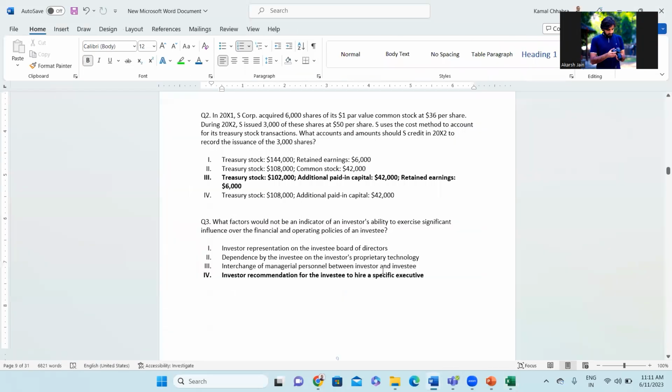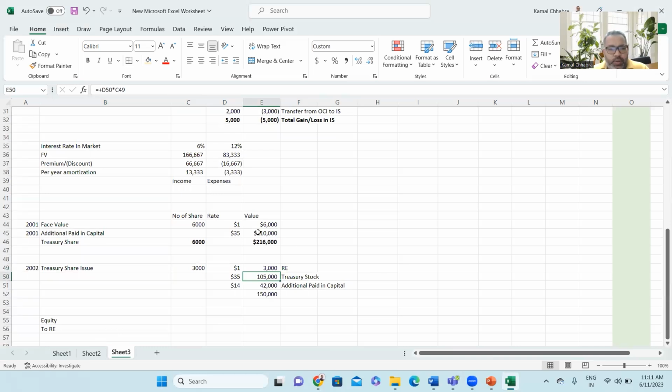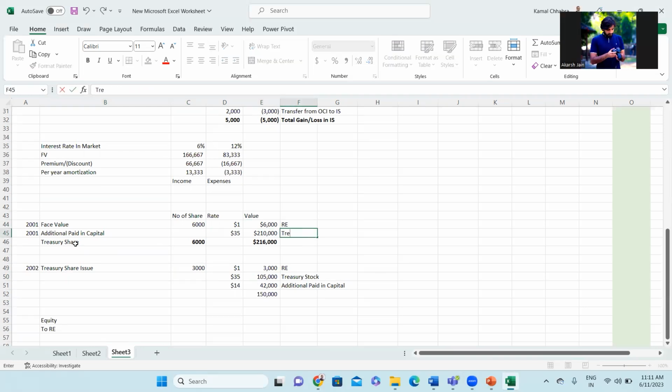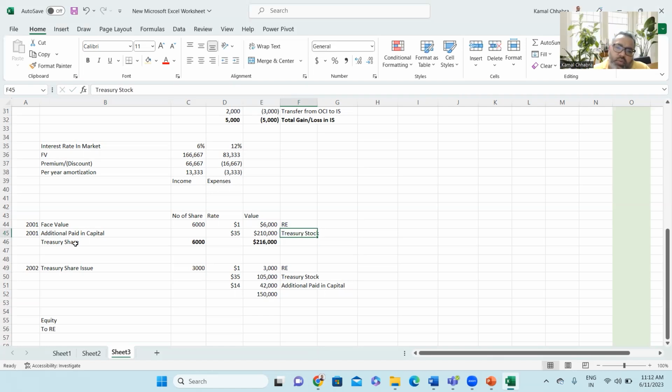This will go to the retained earning and this will go to the treasury stock.